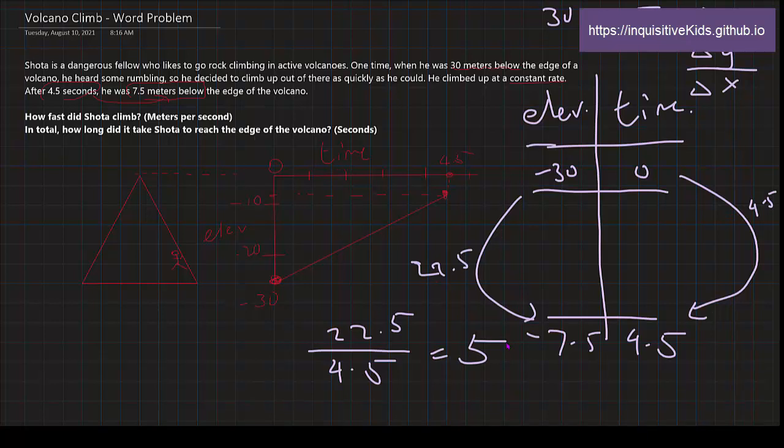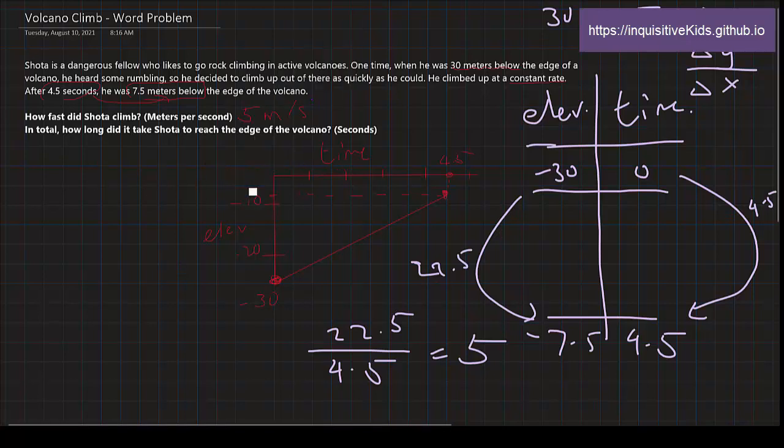So how fast did Shota climb? It would be 5 meters per second. I want you to get a last glance at this: we first drew a diagram, then we made a table out of that and found the delta y over delta x.